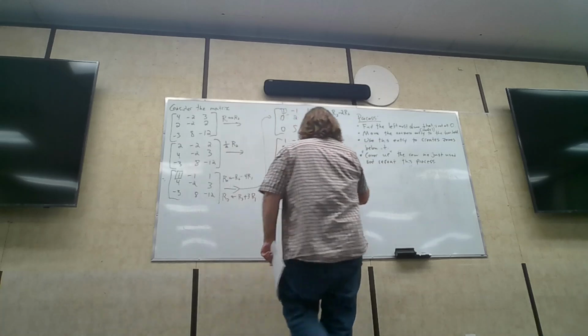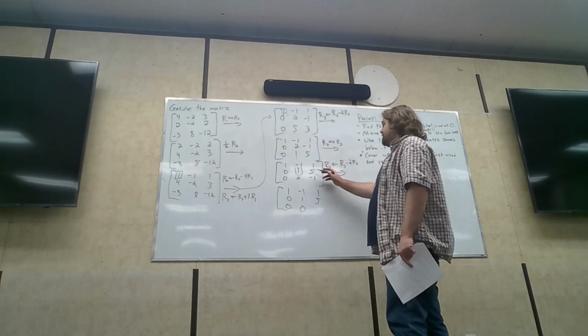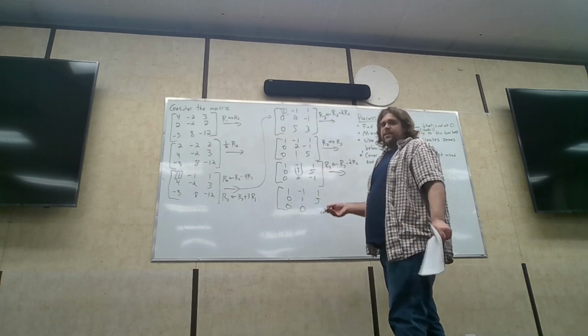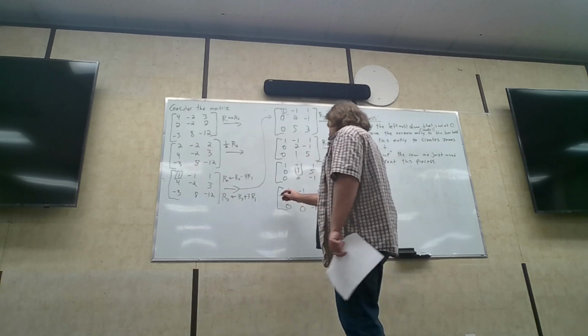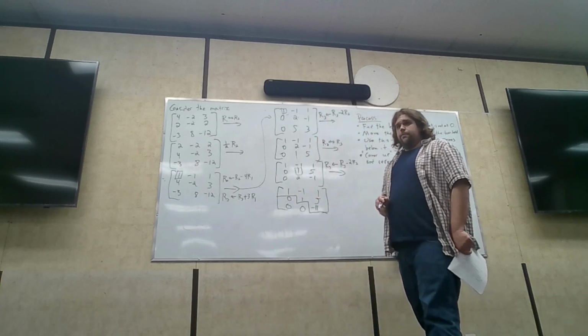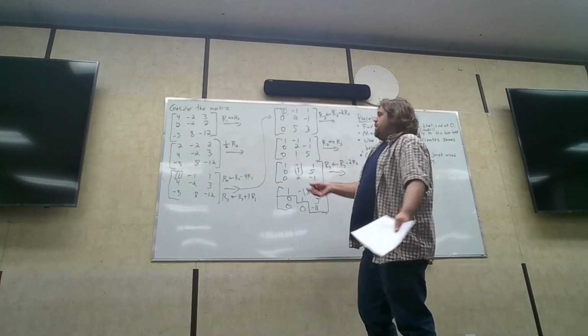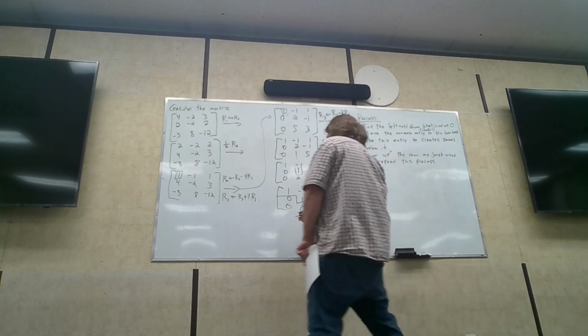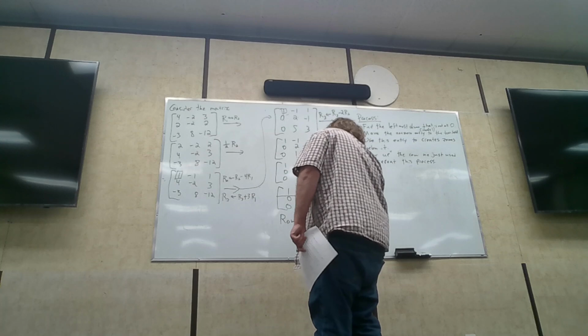But now it's minus 1 minus 2 times 5 is minus 10. Minus 1 minus 10 is minus 11. And now we have this nice staircase shape, right? And so at this point, we would be done finding the row echelon form. So this is row echelon form.